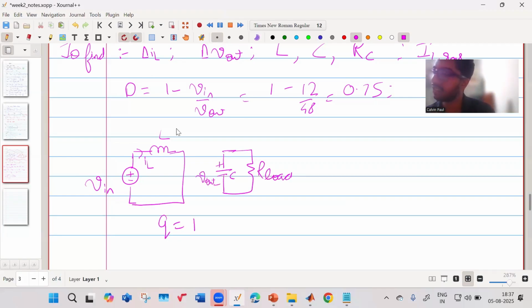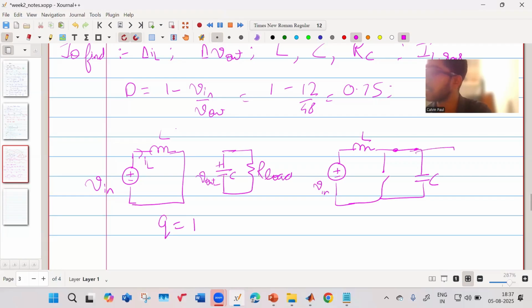In the next case, you have your V in, you have your L. This part is connected, this part is open. This is your capacitor, and this is your load resistance, R load. In this case, Q is equal to 0. So there are 2 modes.